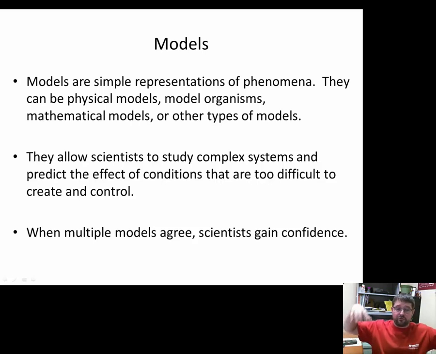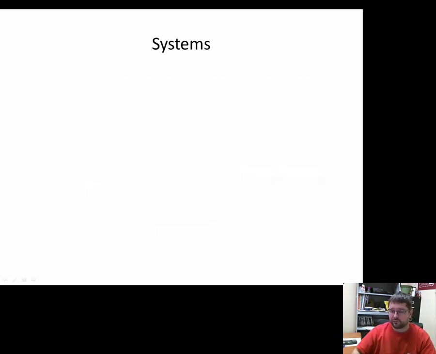Now, when all these different models agree that the environment's temperature is increasing, then it gives scientists this confidence that, hey, something's going on and it's at a global level versus just a very small place on the planet. Okay? And we'll look at some of these.